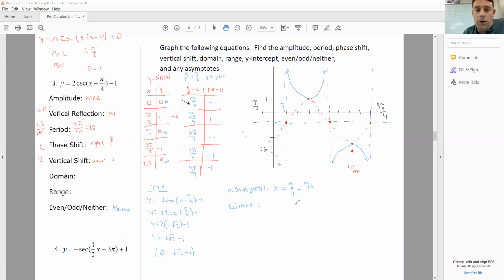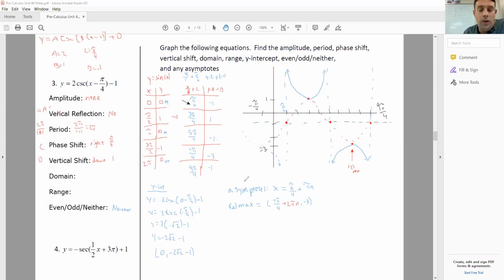So that coordinate at that point is 7 pi over 4 and at negative 3. So we're going to add the period to it because it's going to happen over and over again. So the period is 2 pi. So that'd be 2 pi n.